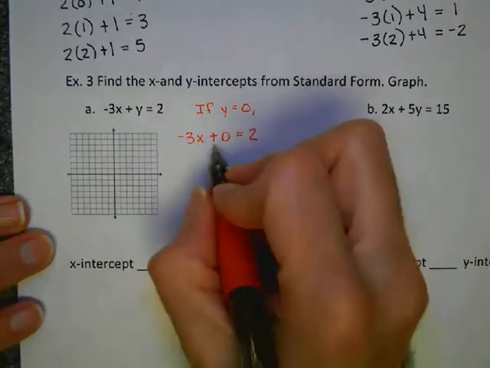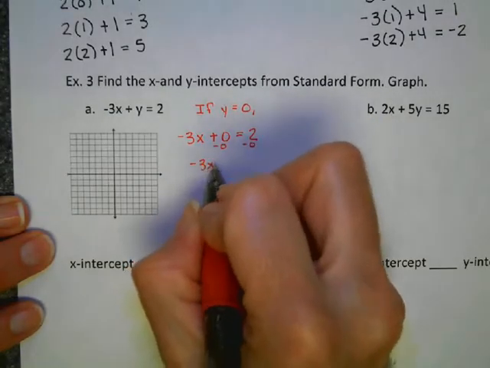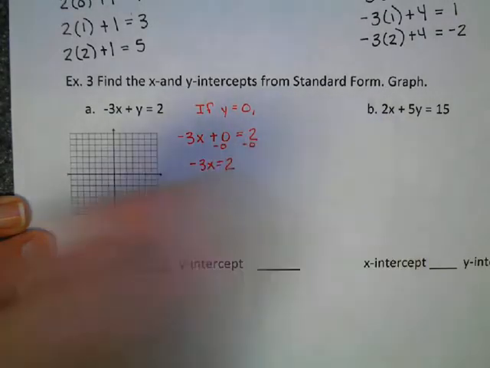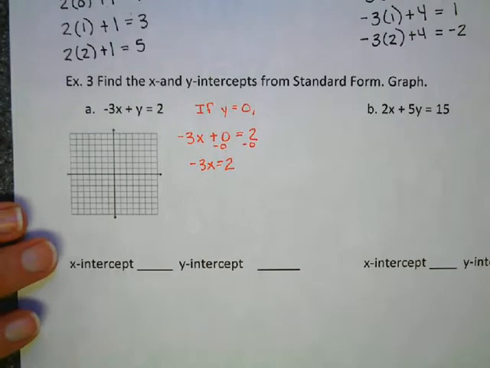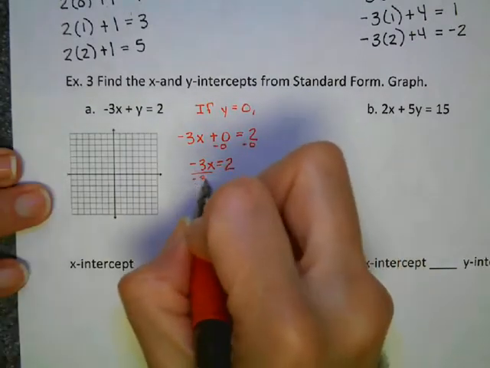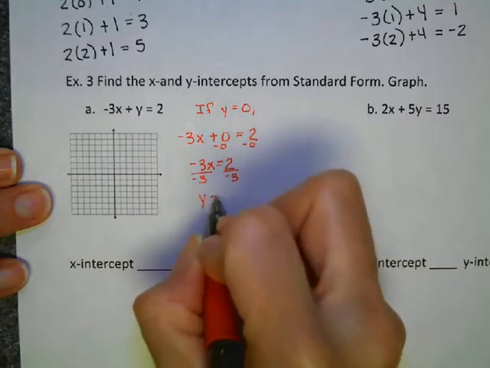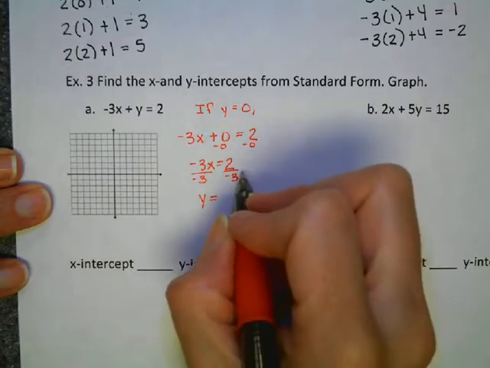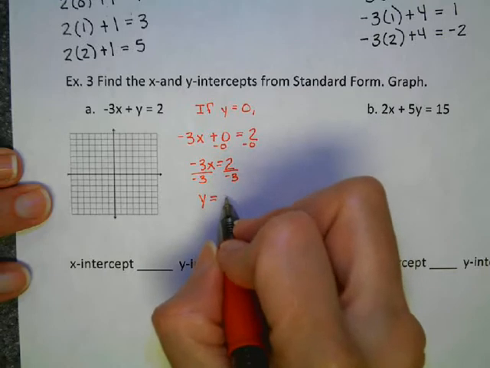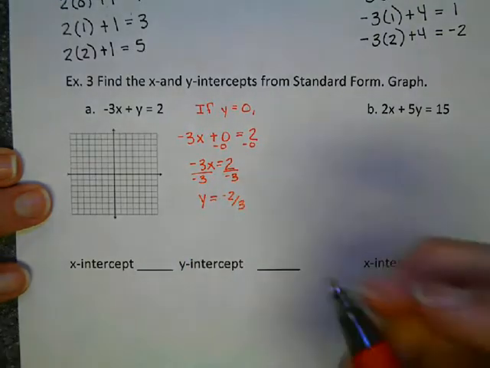And you want to solve for x. You would subtract the 0 from the other side. 2 minus 0 is 2. And then we're going to divide by -3. So 2 divided by -3 is -2/3.